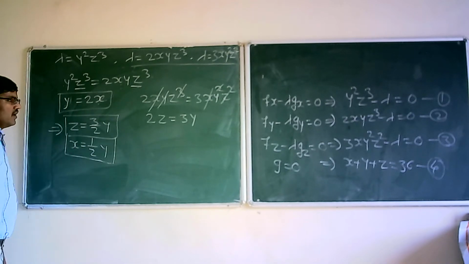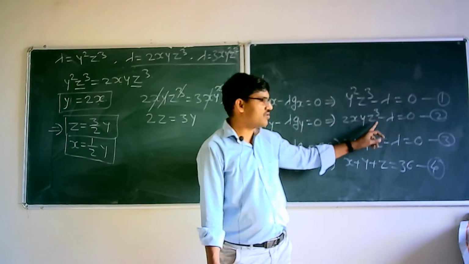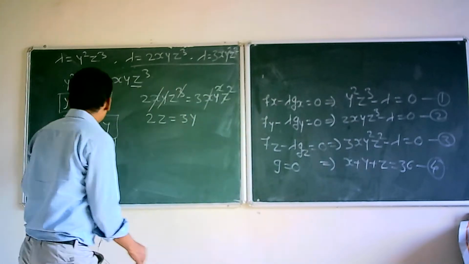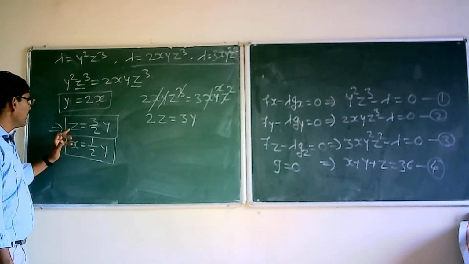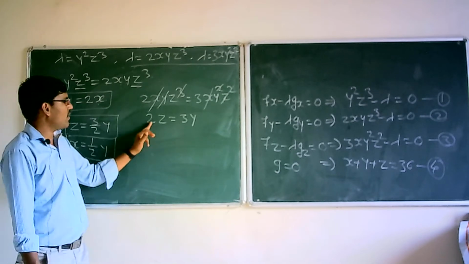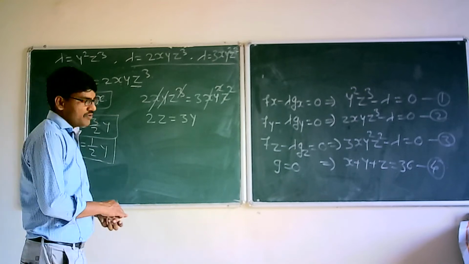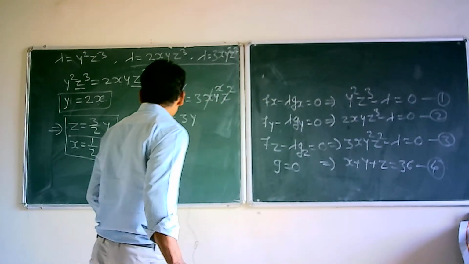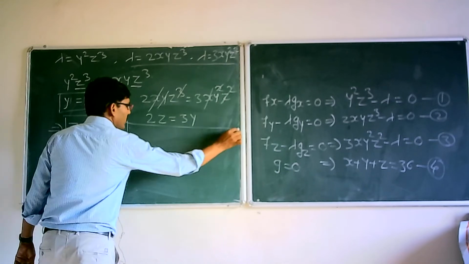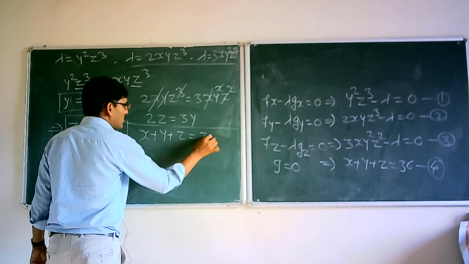Okay, so up to this we have used equations number 1, 2 and 3 to obtain some relations between x, y and z. That is, y equal to twice x implies x is equal to 1 by 2 y, and twice z is equal to 3y implies z is equal to 3 by 2 y. Now what is equation number 4? X plus y plus z is equal to 36.